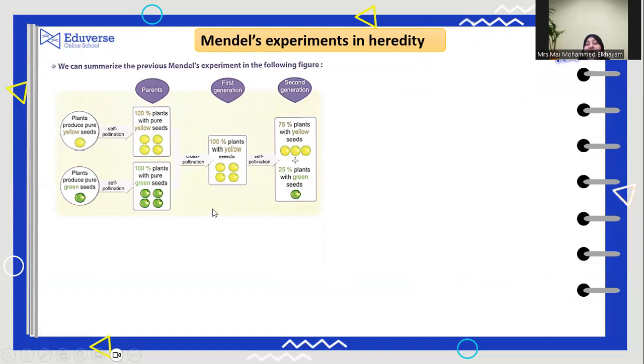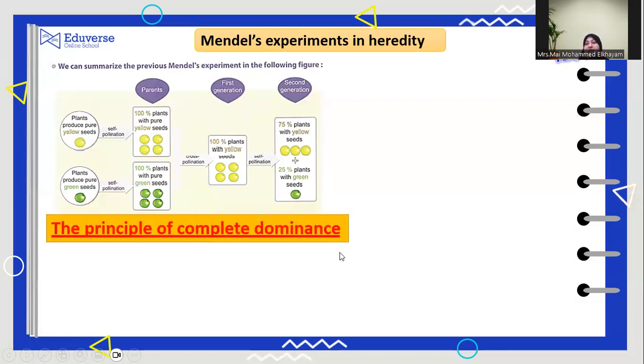To his astonishment, he found that in the first generation, all of the plants were yellow. Then he let this generation self-pollinate. He found that some of the second generation were yellow and some were green. From here, he concluded the principle of complete dominance.